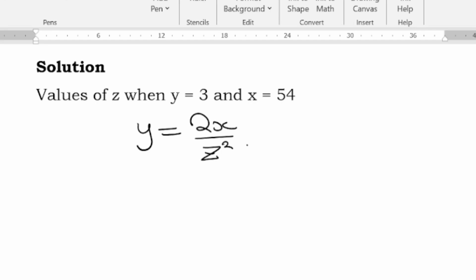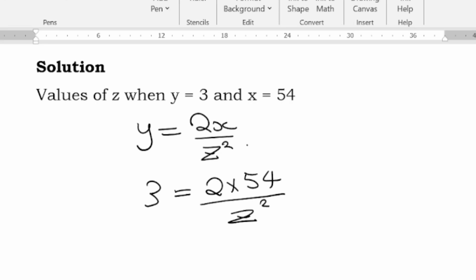So we are finding the value of z. We are given y. What is y? y is 3. 2 times 54 over z squared. Okay, so what we can do is we say 3 over 1 is equal to 2 times 54 over z squared.